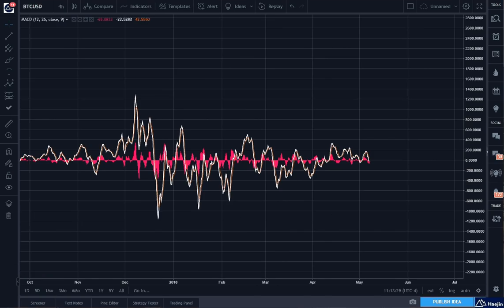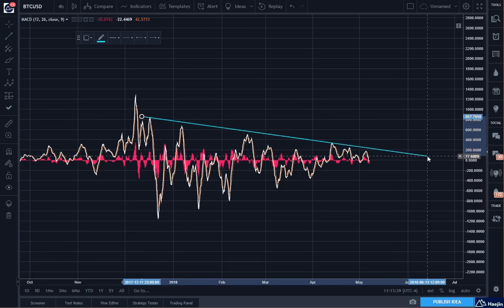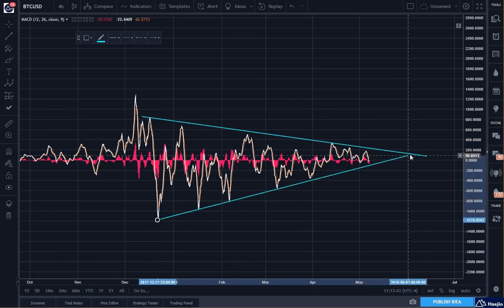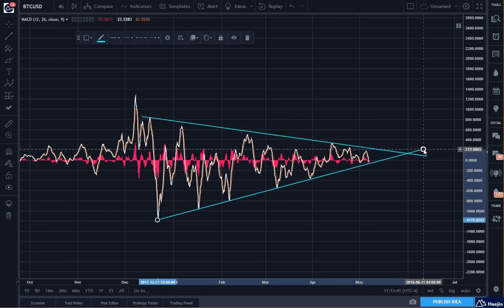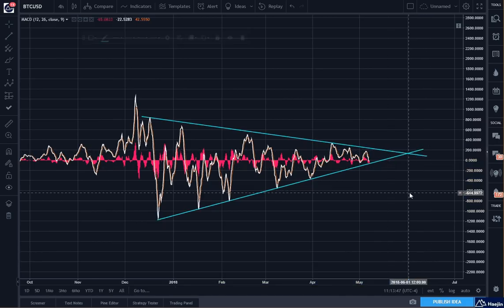Okay, here is the 4-hour MACD for Bitcoin. And I don't know about you, but geez, when I see this, I'm thinking, wowzers. My God, how much more bullish of a signal can you get than this?